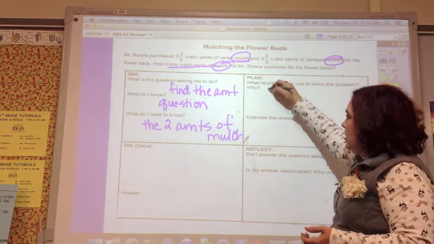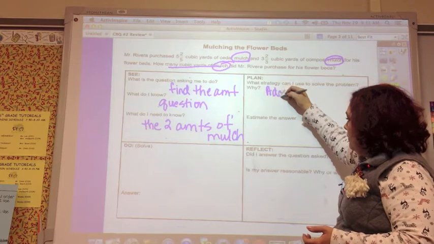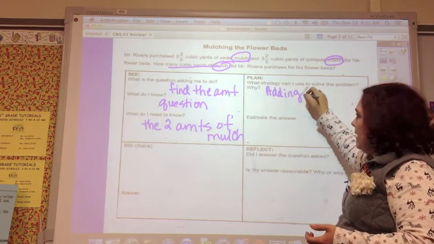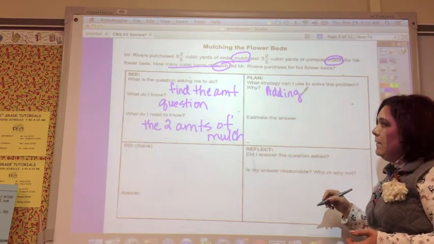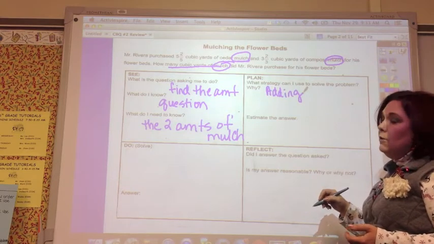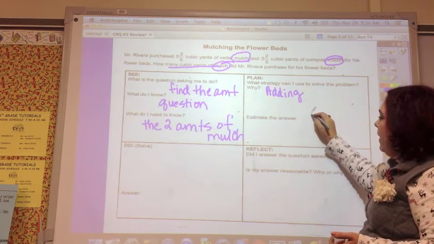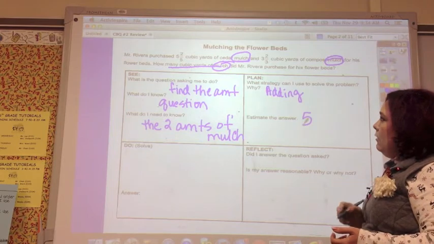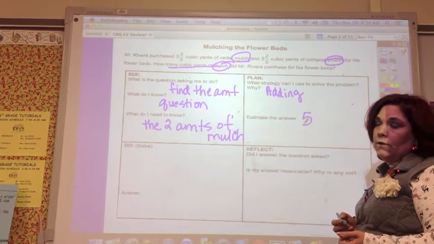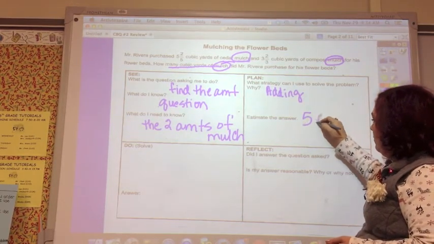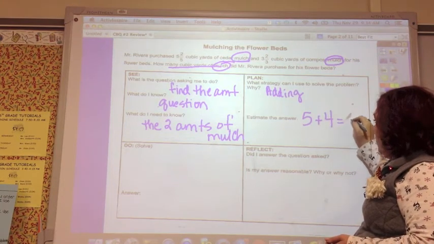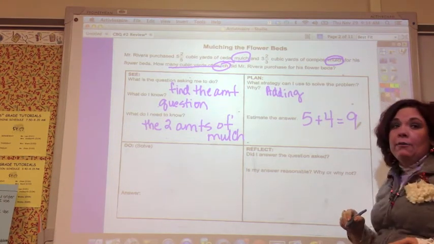That strategy is just adding. And I'm going to estimate the answer. So, estimate the answer, 5 2/5 rounds to 5, and 3 2/3 rounds to 4. So my answer should be around 9.